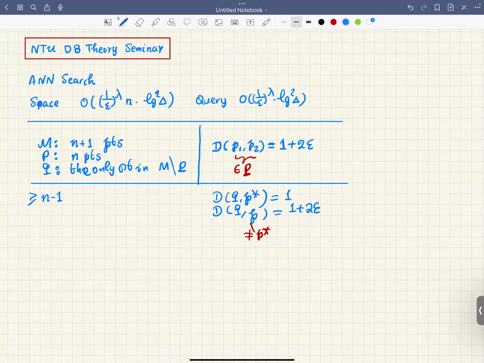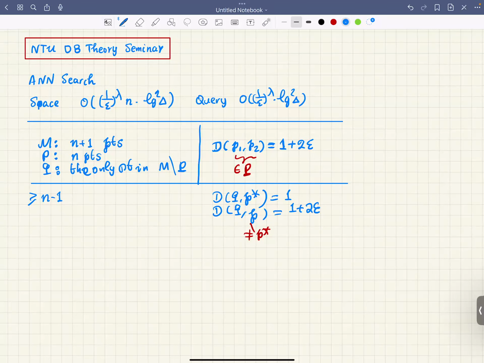Now let's play. You have your data structure, so run it. Now I have the query. Remember, for the query, you don't see anything. In metric space, there's no coordinate for you to see. All you can do to get information about the query is to evaluate distances. So your interaction with me will be like this: I'm waiting for you to ask me for the distance from the query, which is the Q that I said I have.